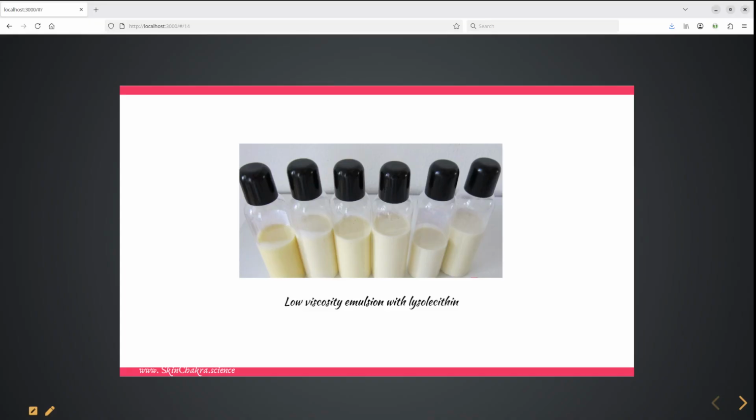Here, when we have a rather intensive yellowish color, the particle sizes are bigger, and as the emulsion becomes lighter and lighter, here we have the smallest particle size. It has a small impact on the viscosity, but it is quite obvious in the color.